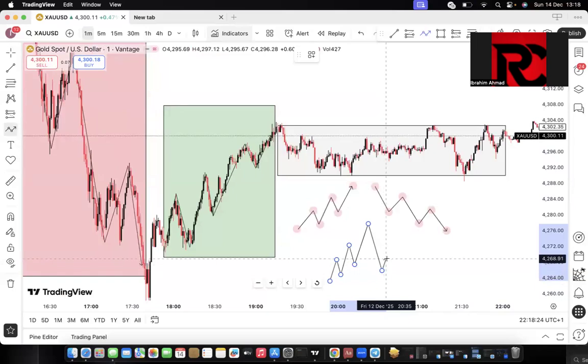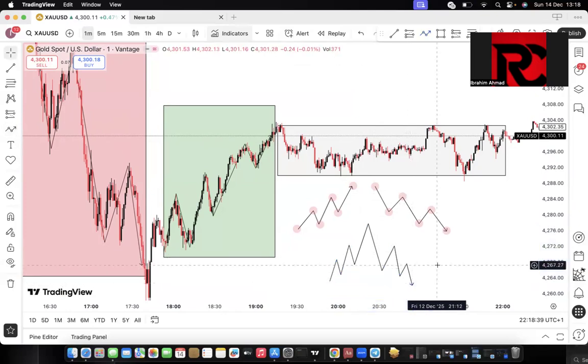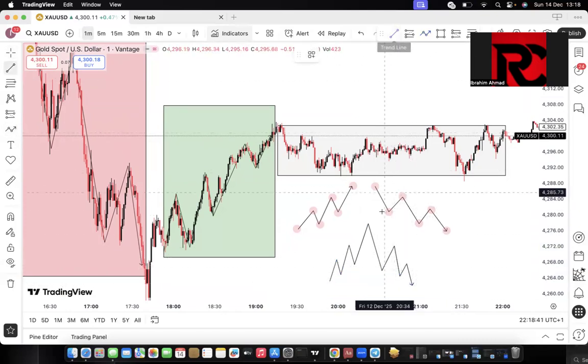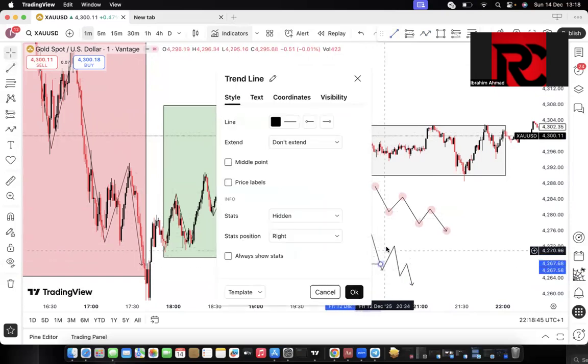You can also call it a change of character. It's all the same thing. So this is a market structure shift when price breaks this low and it starts to create lower highs and lower lows. So this right here is the market structure shift when price breaks the last previous low.